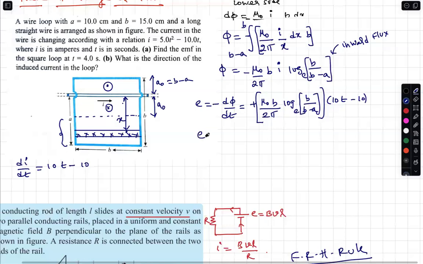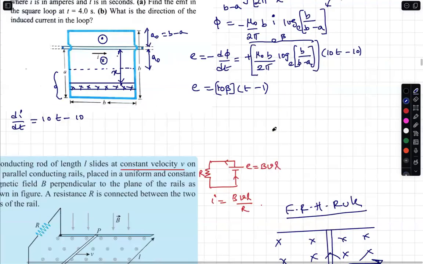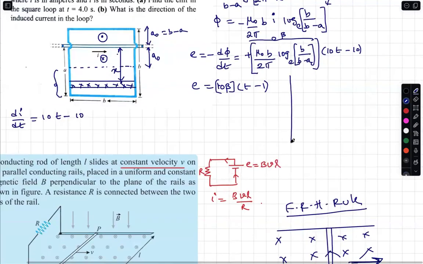So now I got EMF as some 10 beta, because I need to replace this entire thing with some beta. 10 beta times (t minus 1). What does this exactly refer to? On the x-axis is time and on the y-axis is EMF.